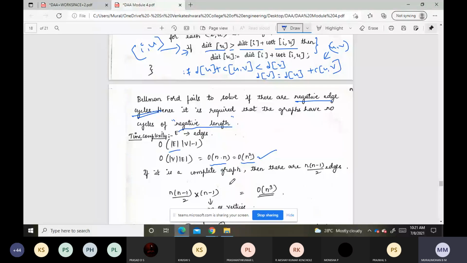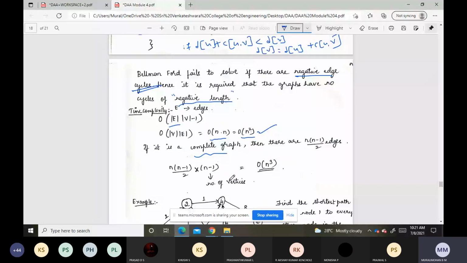If the graph is a complete graph, then we are having n into n minus 1 by 2 edges. So hence we are having n into n minus 1 by 2 edges into n minus 1 number of vertices. So it is n cube.